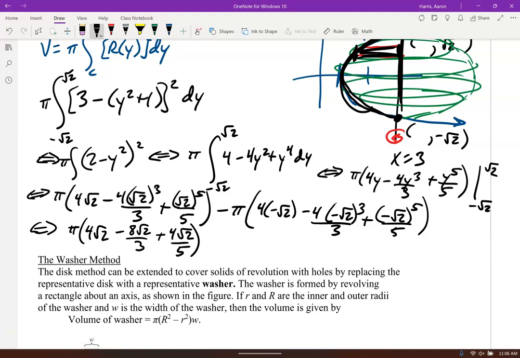Let me change that to a plus, so that'll change all these signs in here.